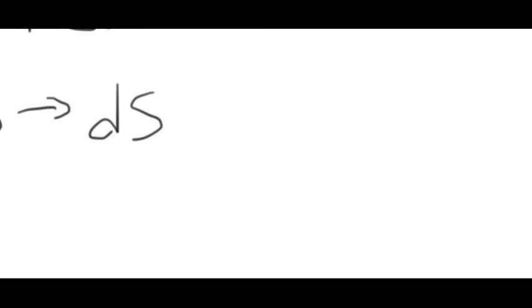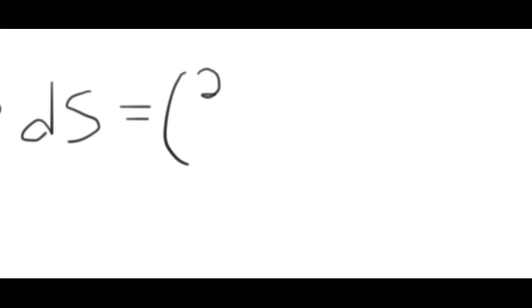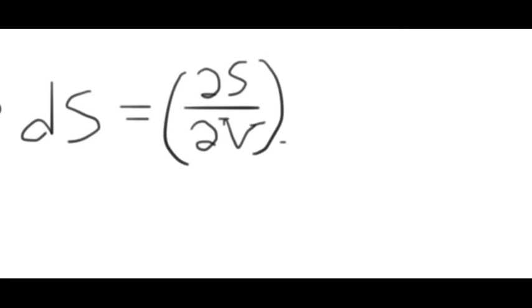So the derivative of the entropy is going to be the partial derivative of the entropy as a function of the volume held at constant temperature times the derivative of the volume, plus the partial derivative of the entropy as a function of temperature held at constant volume times the derivative of temperature.